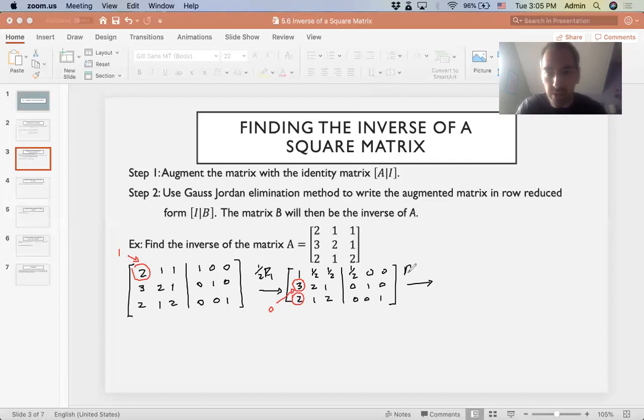So we're going to add to R2 -3 times R1, because if we add 3 plus a -3, that will give us 0 here. And we'll also subtract from row 3 a -2 times row 1. But this row 1 stays the same.